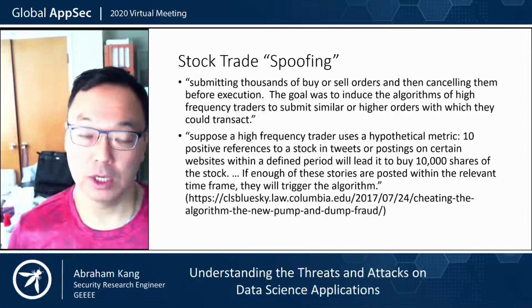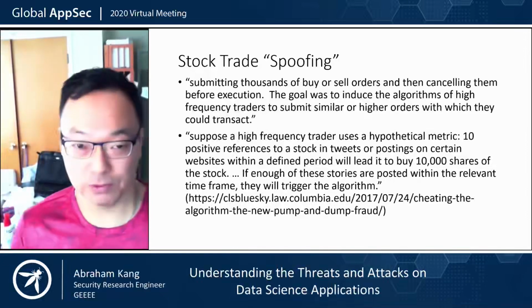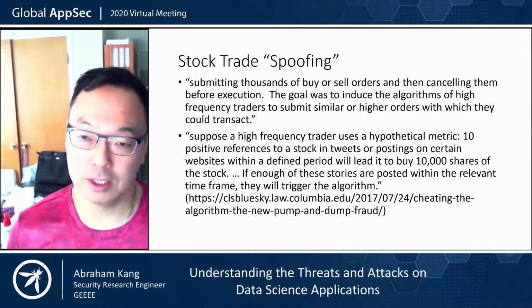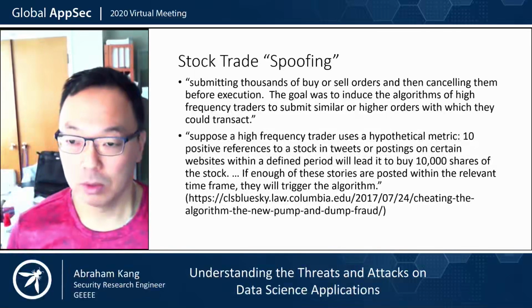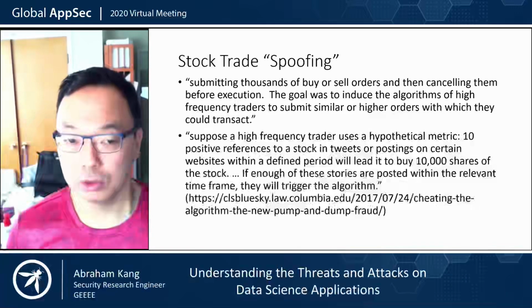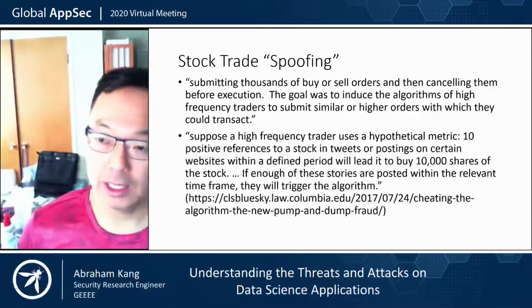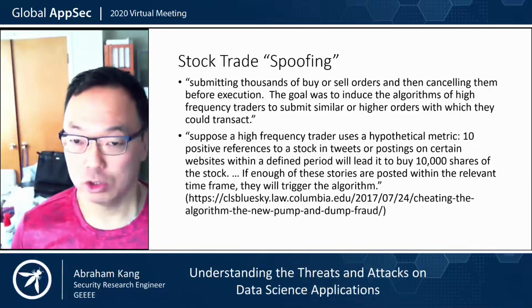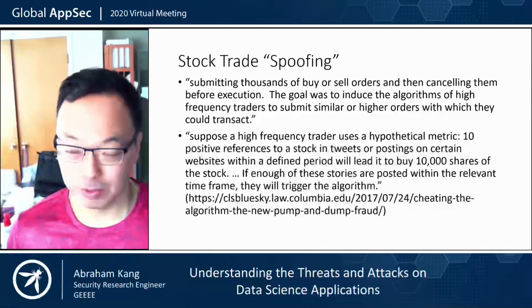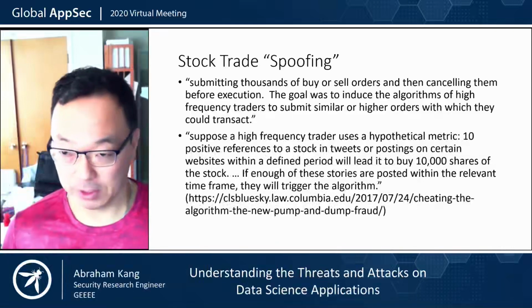The other stock trading algorithm, which was trying to fool it, would basically submit thousands of buy or sell orders and then cancel them within a millisecond. Those algorithms that looked for a lot of quick buy and sell orders would then put in their orders, and the system that was fooling them would cancel them and trick the other system into basically behaving in the way they wanted.